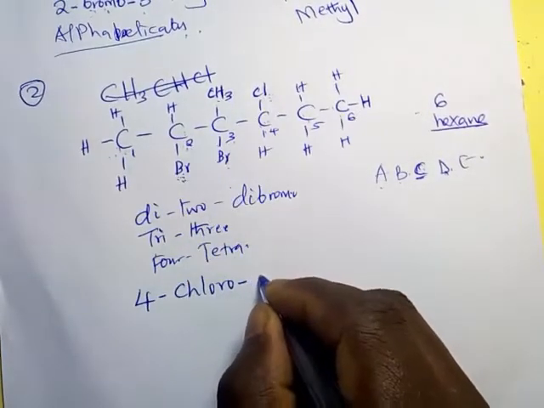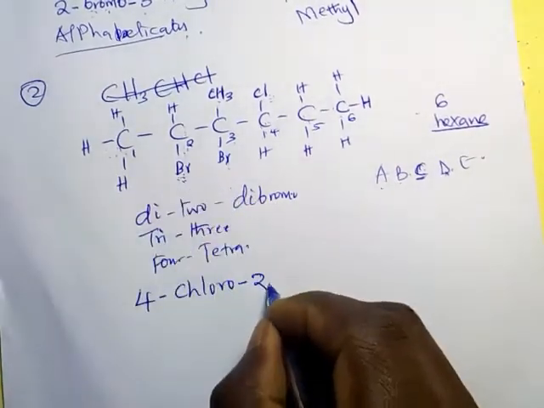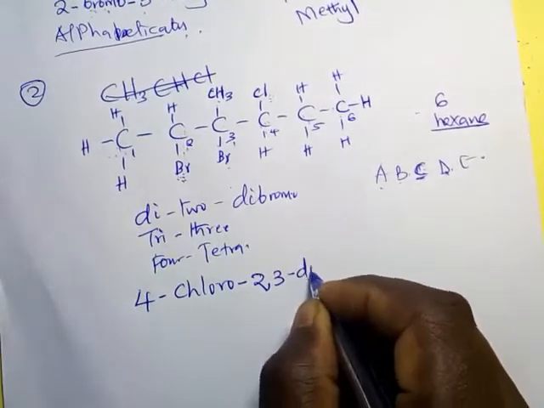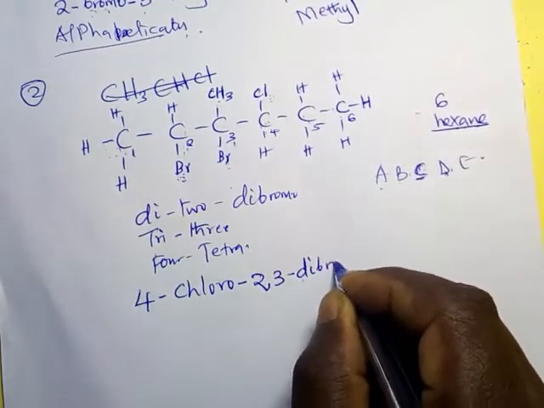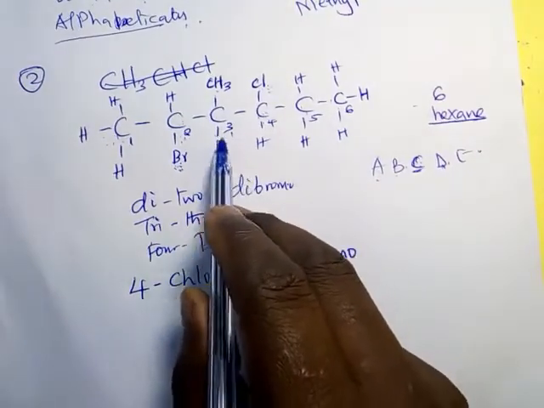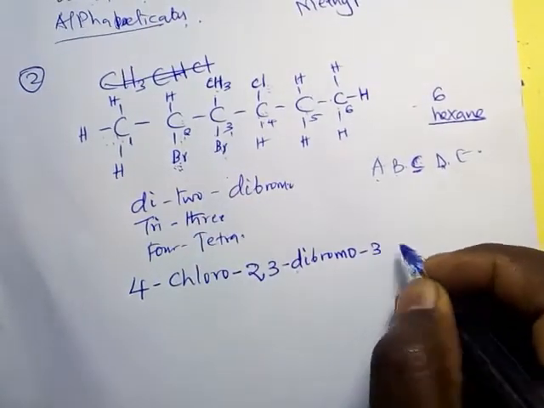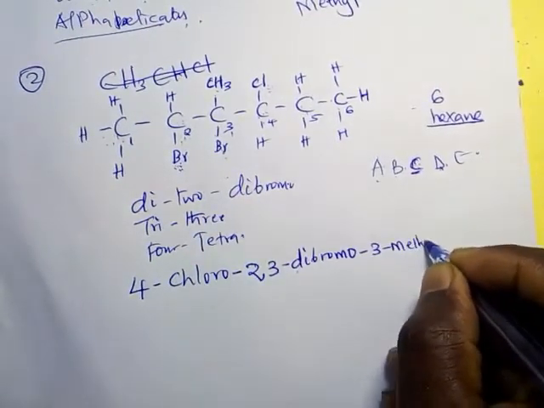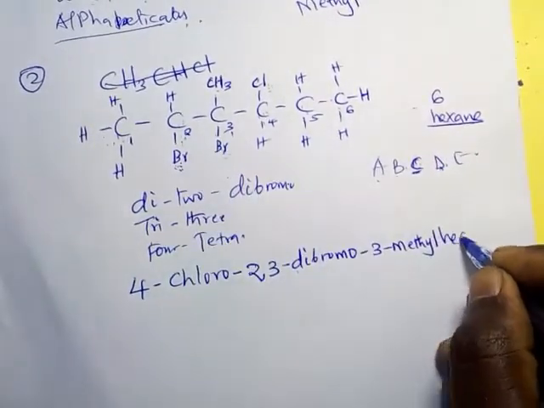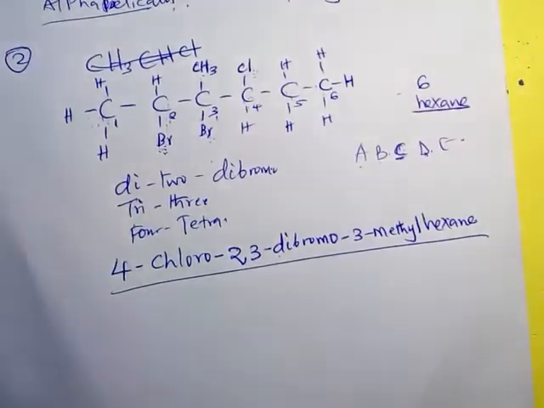So we have 2, 3, dibromo. Then we have the methyl group on carbon number 3, so 3-methyl. Now the parent name hexane. So this is the name for that organic compound.